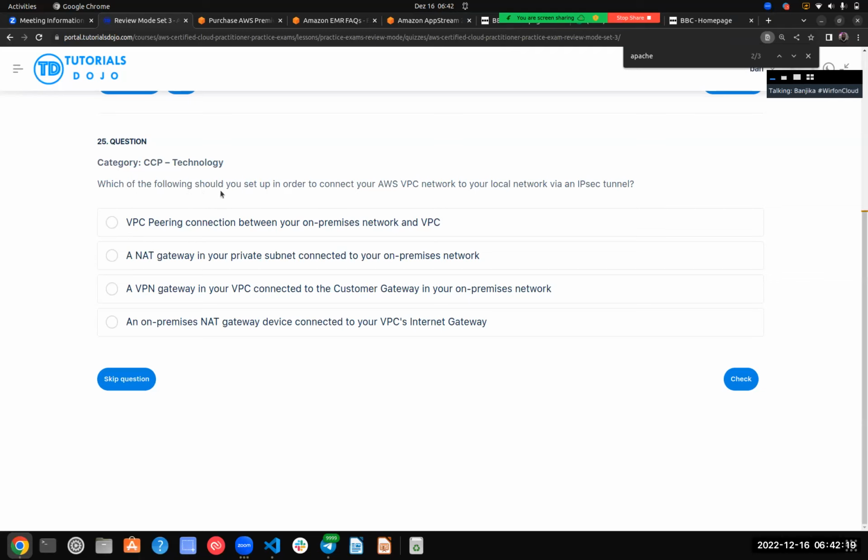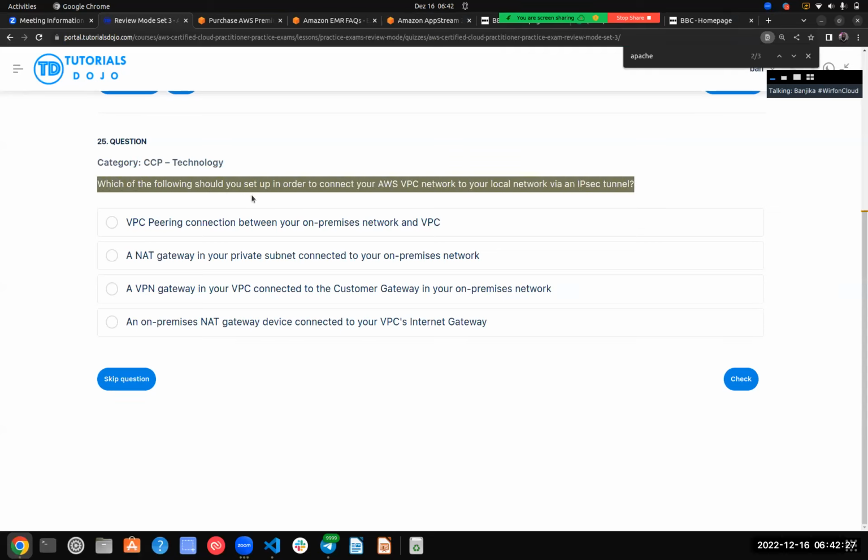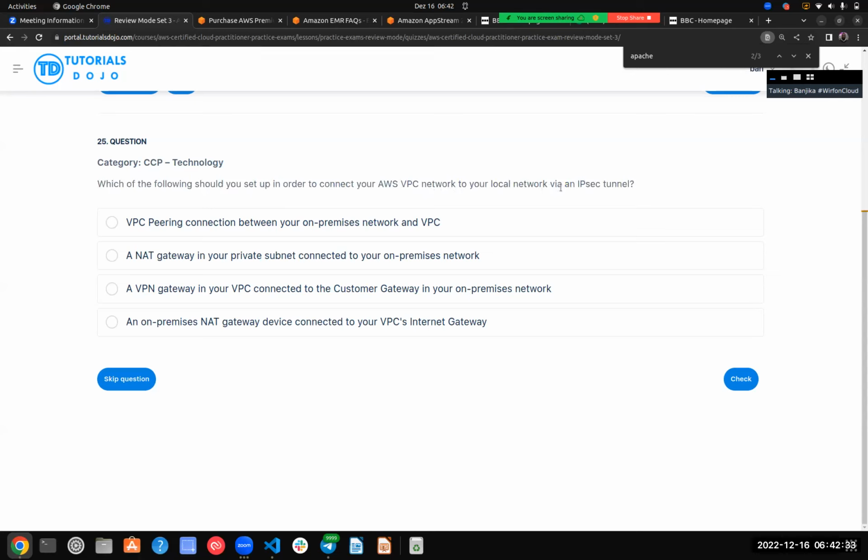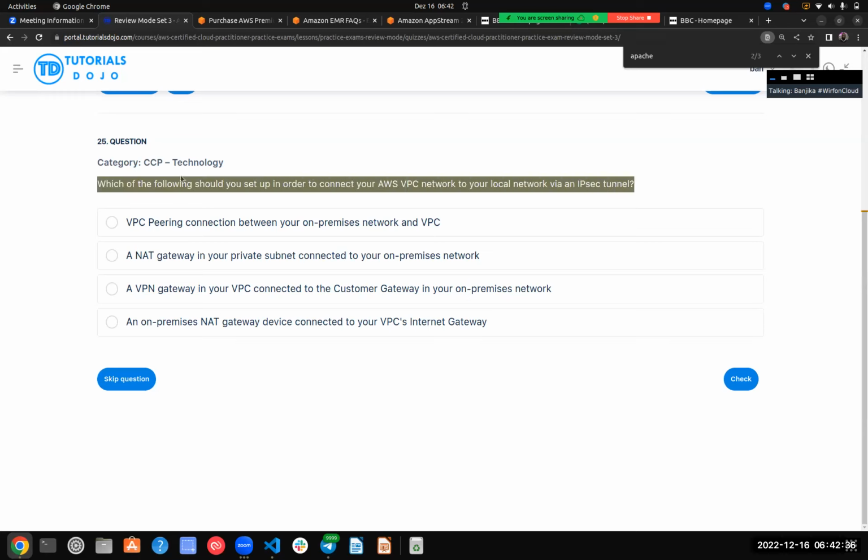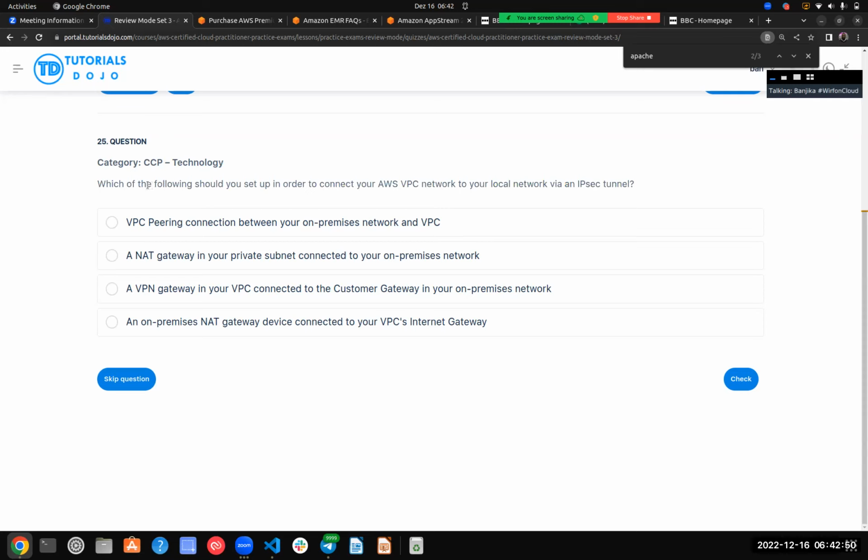Question 25: which of the following should you set up in order to connect your AWS VPC network to your local network through an IPsec tunnel? Everyone is silent. So what's the key in the question? When you see IPsec tunnel, what comes to mind?